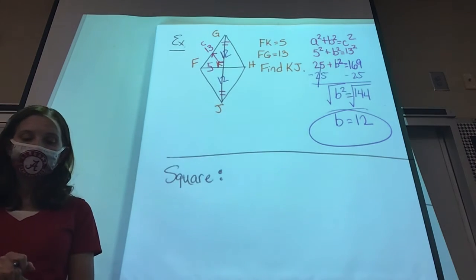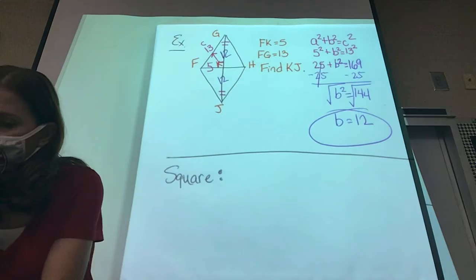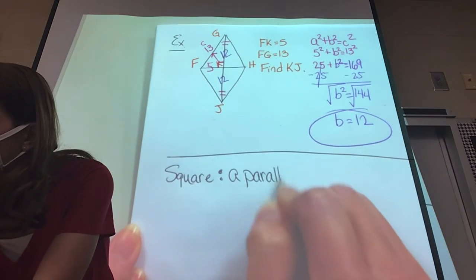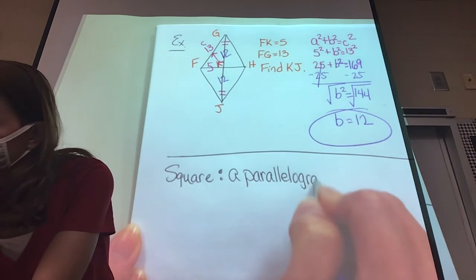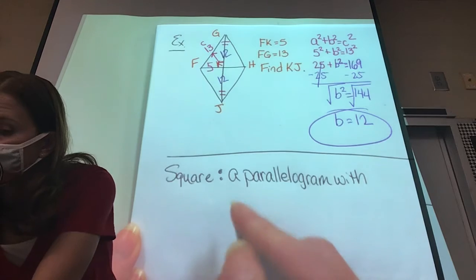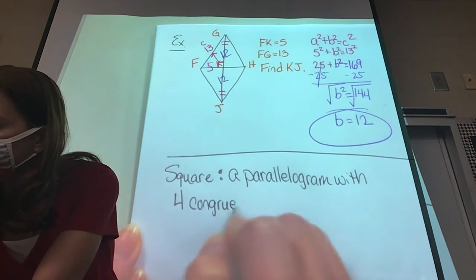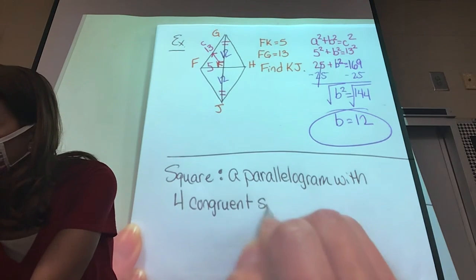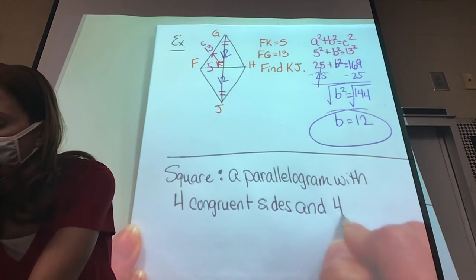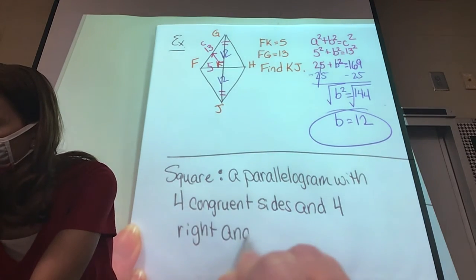Okay, so a square is really just again a parallelogram with 4 congruent sides and 4 right angles.